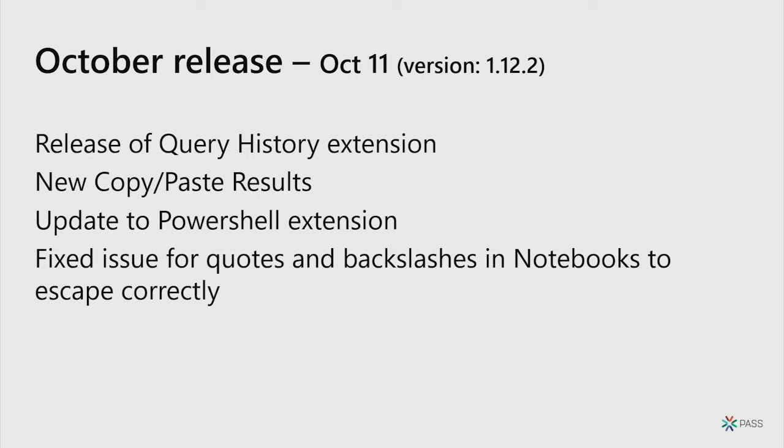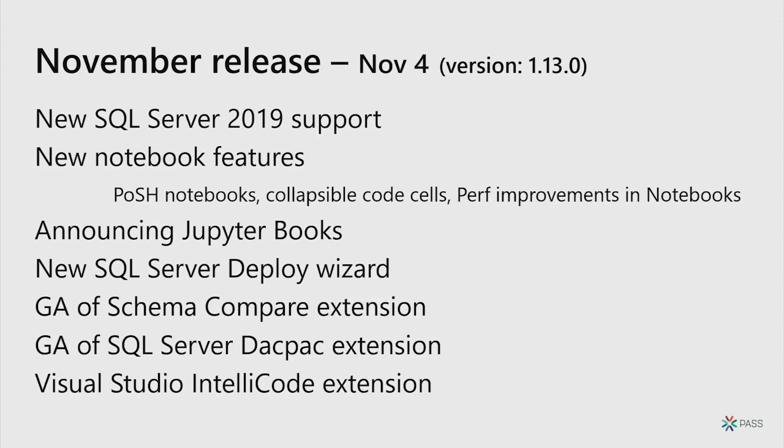And they had some issues with notebooks escaping special characters, like backslashes and quotes, and that was fixed in the October release. Now, the November release, which was Monday, included support for 2019 features for the notebooks, PowerShell notebooks, collapsible code cells, and they worked some on improving performance in the notebooks.